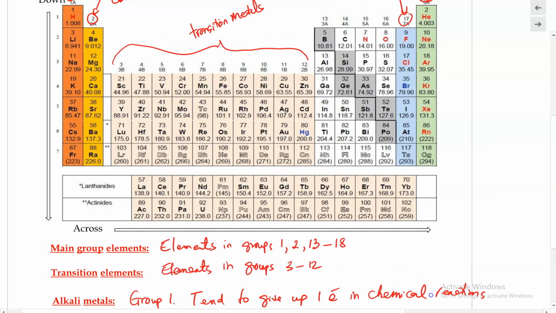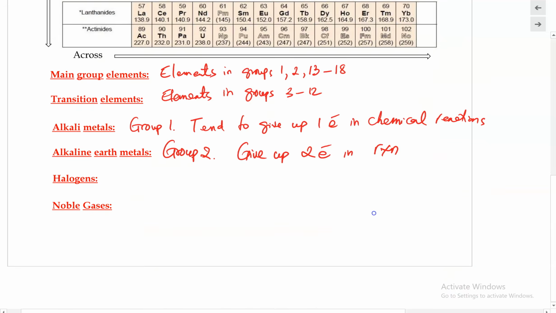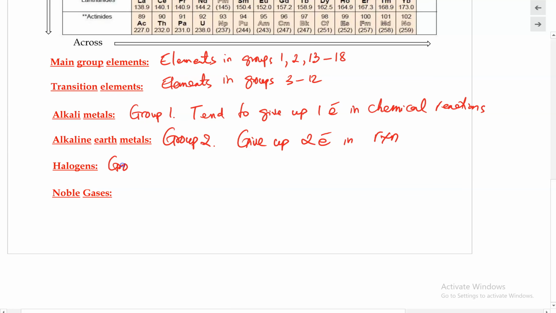And now moving on to group 17, the halogens. So the halogens are basically elements in group 17. Now group 17 is a non-metal, right? So in chemical reactions, they like to accept electrons. And now they all accept a very, very specific number, which is 1 electron.